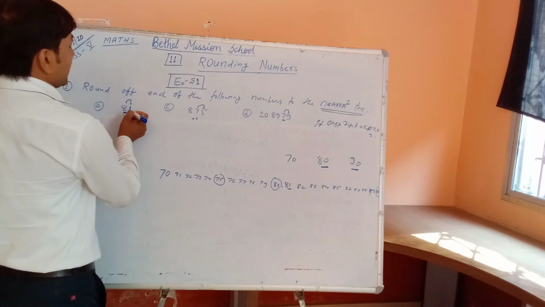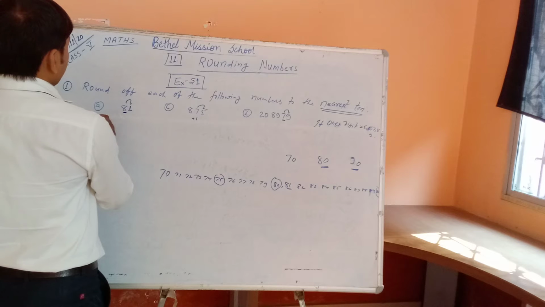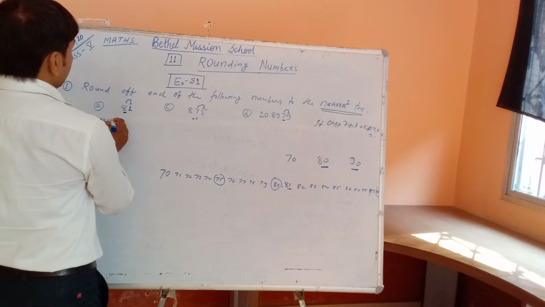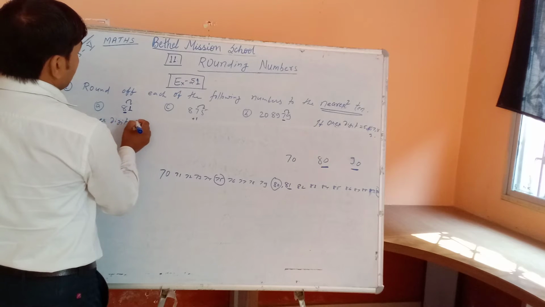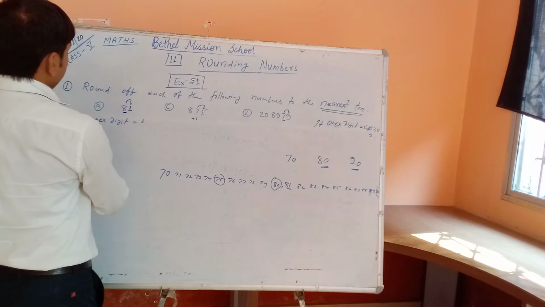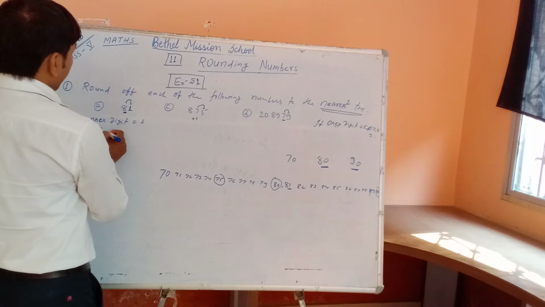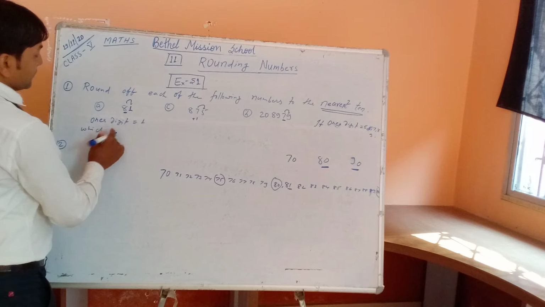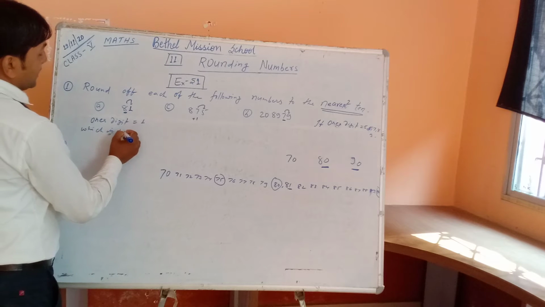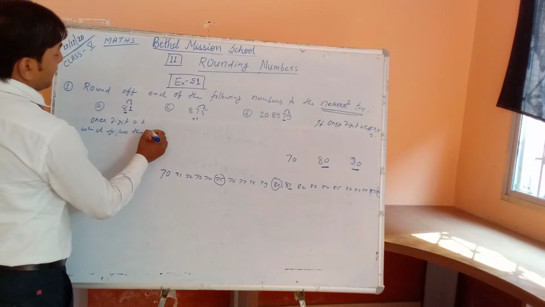Here this is less than 5, you can write ones digit equal to 1, which is less than 5.